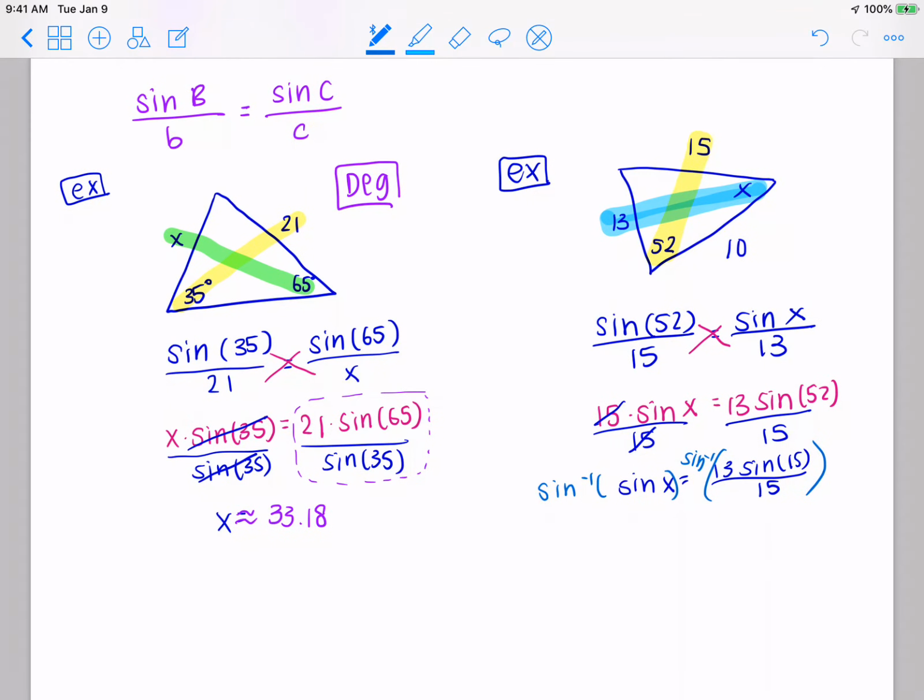At the end, the inverse sine and sine go away, so x would equal 43.07. Try it with your calculator. Make sure your parentheses are inputted correctly.